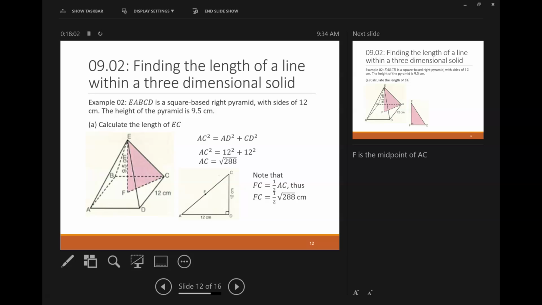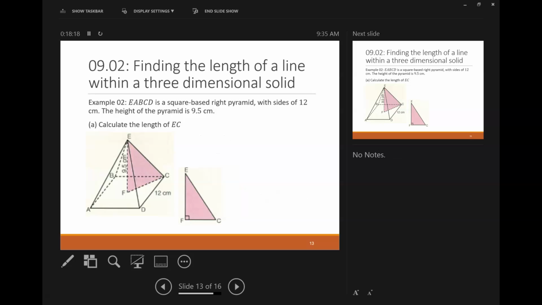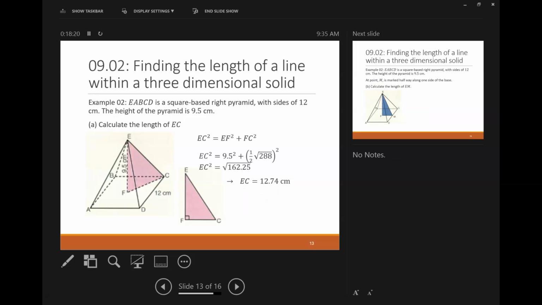Everybody's okay there? So when we do that, we get 12.7. Again, just using the Pythagorean theorem again.